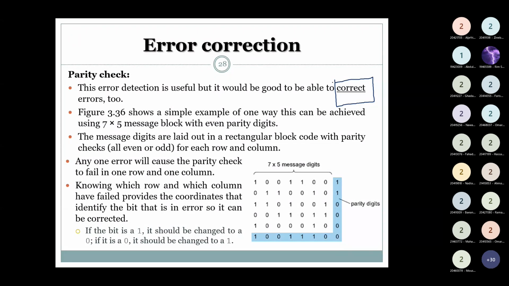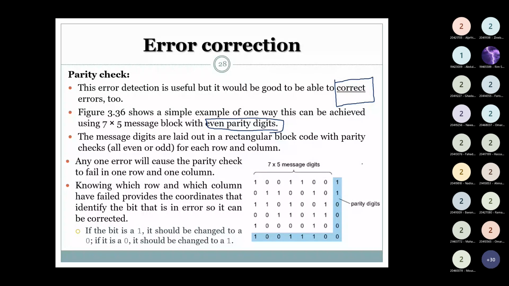Okay, so Figure 3.36 shows an example of one way this can be achieved using a 7 by 5 message block with even parity digits. The message digits are laid out in a rectangular block code with parity checks, all even or odd, for each row and column.